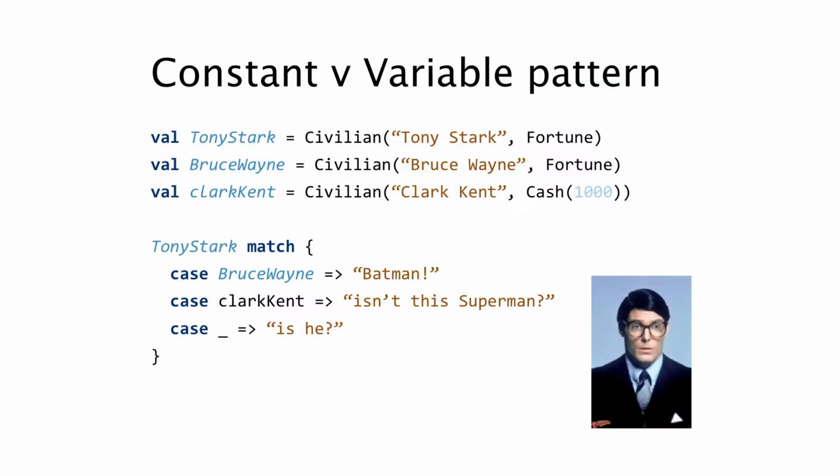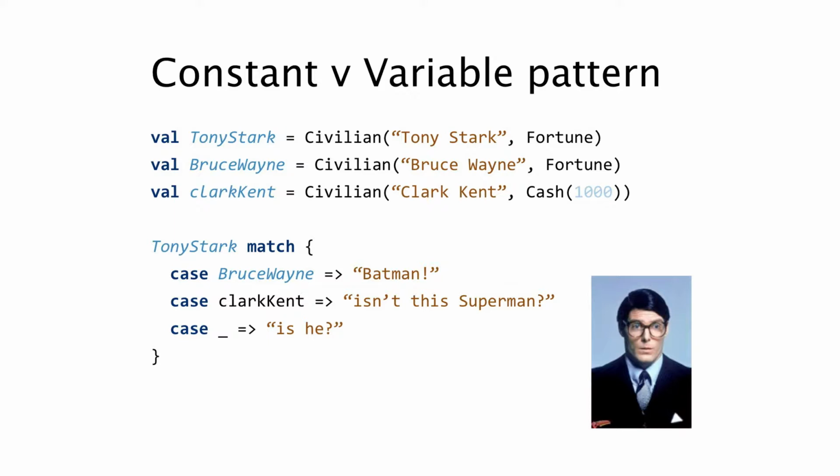Let me ask you one thing. This is a variable pattern. Lexically, it is an identifier, a bunch of letters. This, I have told you, I might have misguided you, is a constant pattern.